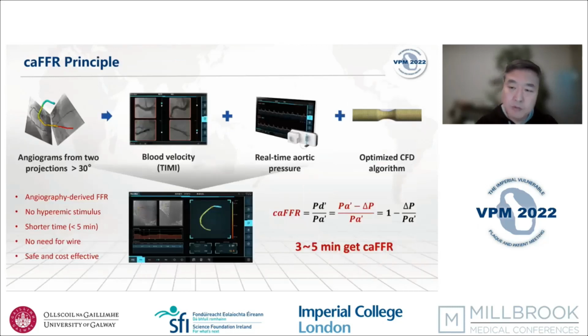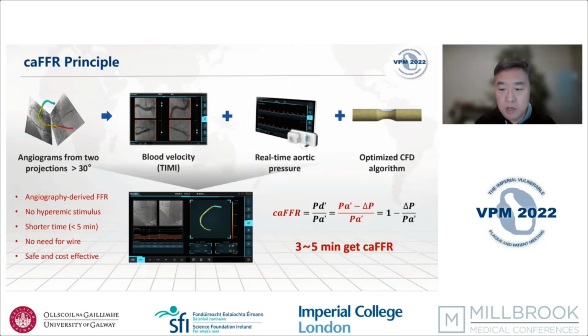The basic principle is we get the angiogram from two projections. From this we can get the length of the coronary arterial tree. And then we use a TIMI method to get the blood velocity, and we monitor the real-time aortic pressure waveforms.